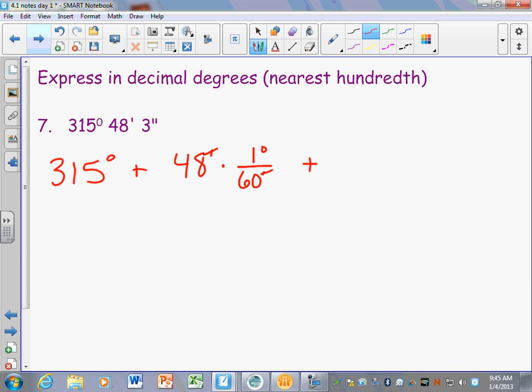What about 3 seconds? For me, I do this in 2 steps, just like I would if I was converting seconds to hours in terms of time. I'm going to go seconds to minutes, and then minutes to degrees, because those are my conversions that I know. Could you just tell me how many seconds are in 1 degree? Probably by doing a little bit of math.